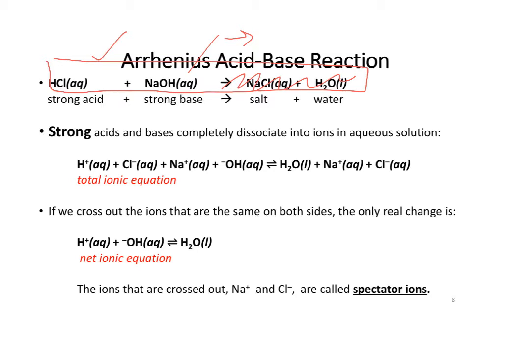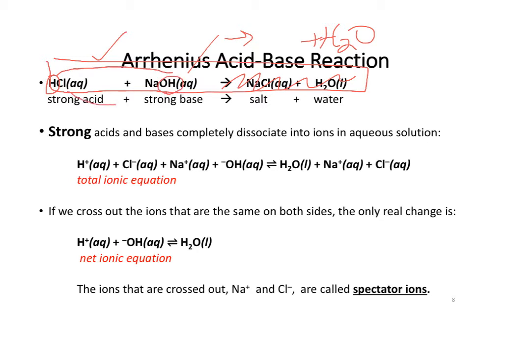So the products of a strong acid reacting with a strong base: water is always one of the products, okay? And then the salt, or an ionic compound, is the other product. So after you make water, that's combining the hydrogen ion from the acid and the hydroxide from the base.